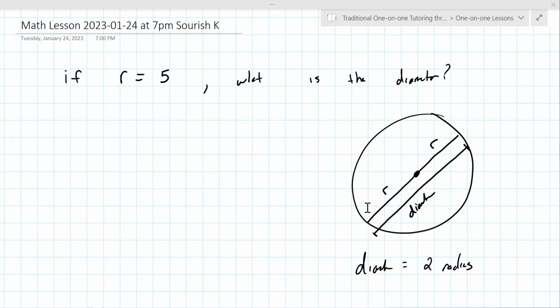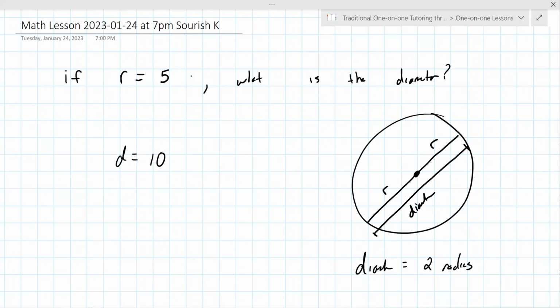No, it's not. I've given you the picture. I'm showing you that this is a radius. This is a radius. The diameter is 2 radiuses together. So this number here, you multiply by 2. That equals 10. Yes. So the diameter is 10.